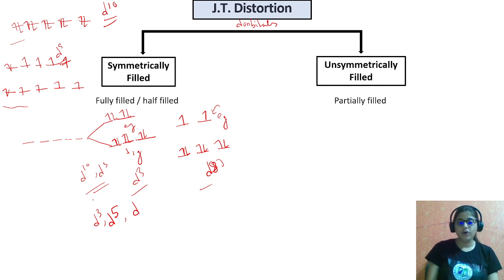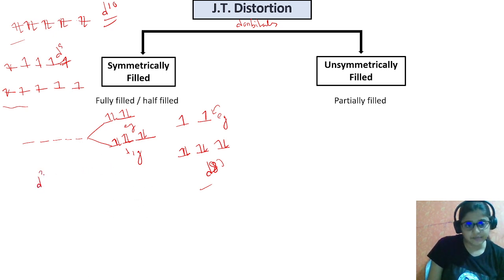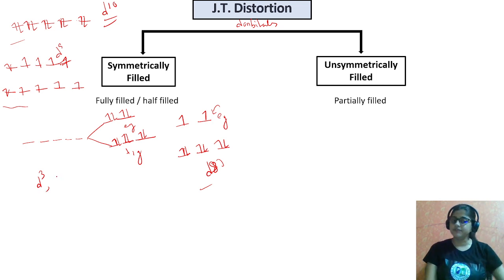So what did we get actually? We got T3 when T2G are symmetrically filled and EG also: D5, D10 and D8.